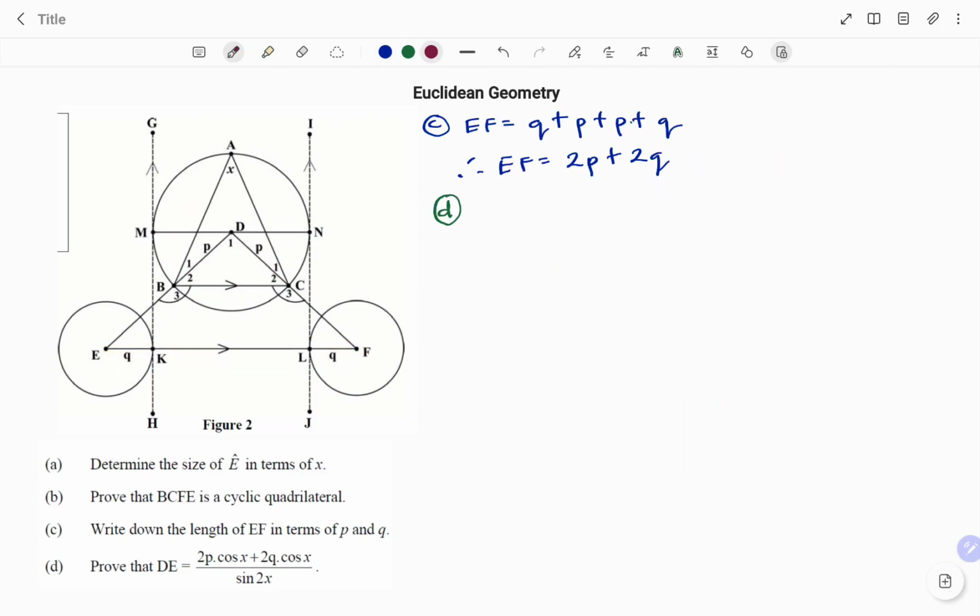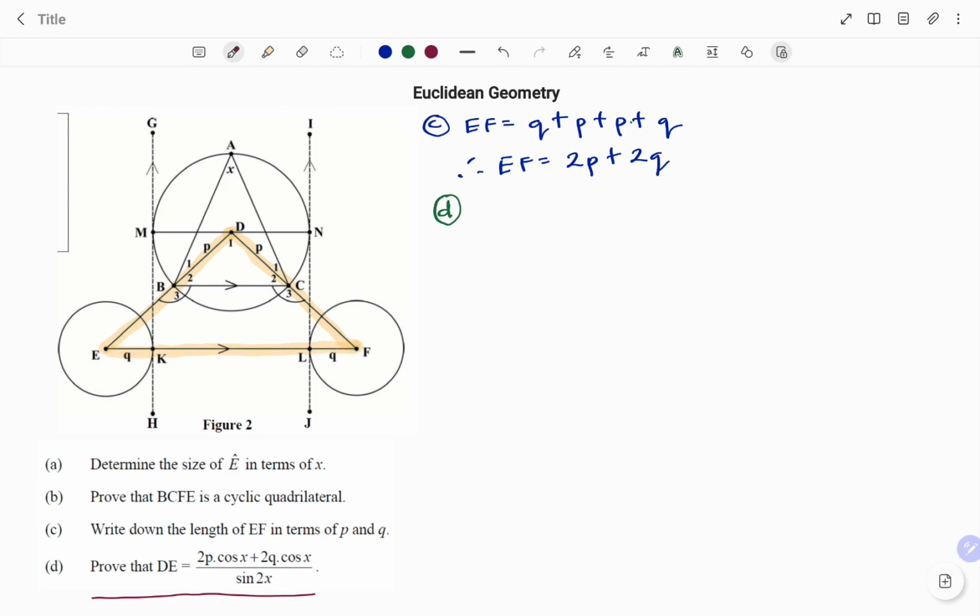For the last part of my question, we have to prove that the line DE equals 2P cos x plus 2Q cos x, all divided by sine 2x. I'm going to draw out the diagram. That's the triangle EDF.